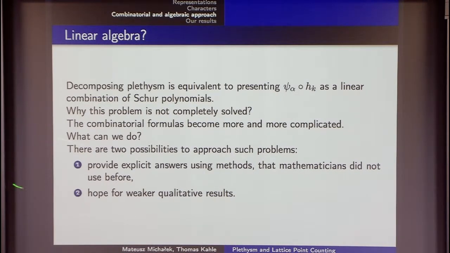So point 1, we have to use some new methods that people before us didn't have. So guess what will be the methods that people in the 80s didn't have?